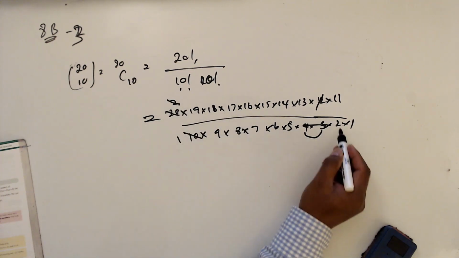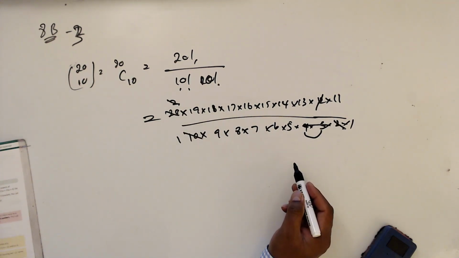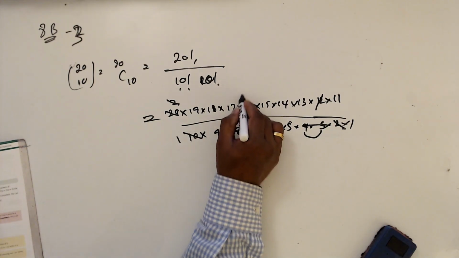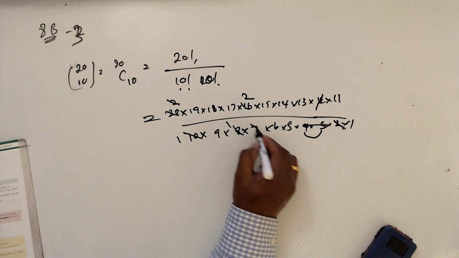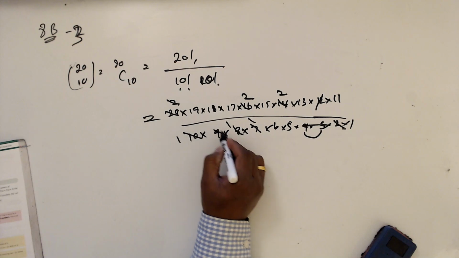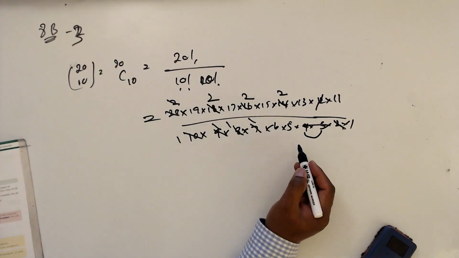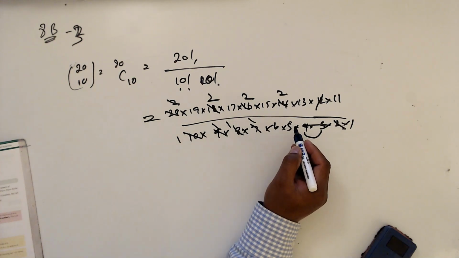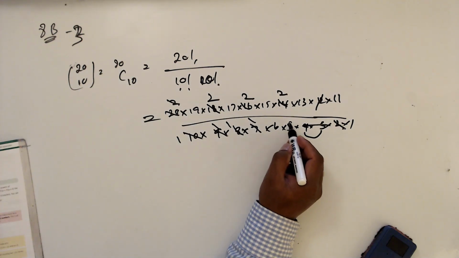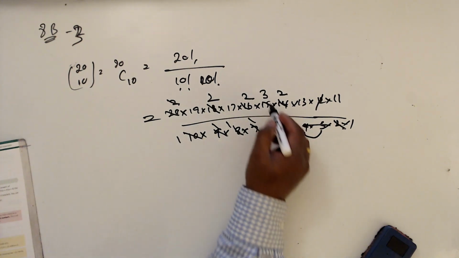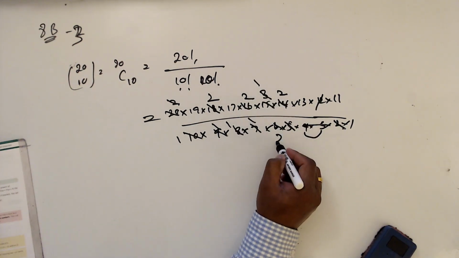This 2 will cancel out this one. 8 times 1, 8 times 2. 7 times 1, 7 times 2. 9 times 1, 9 times 2. 5 times 1, 5 times 3. 3 times 1, this is going to be 2.